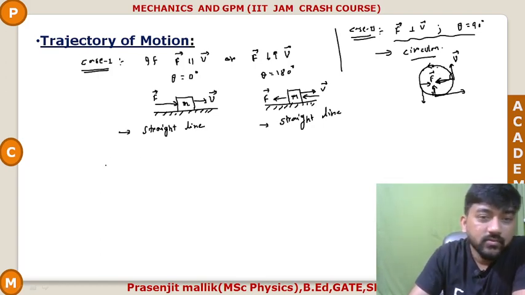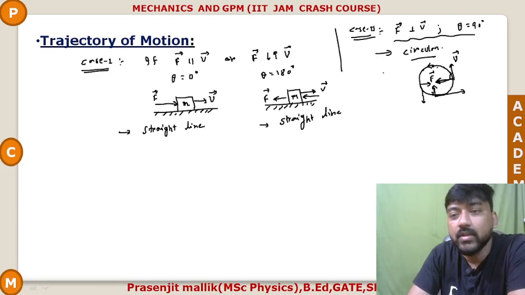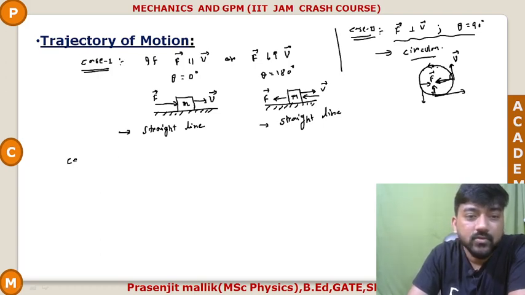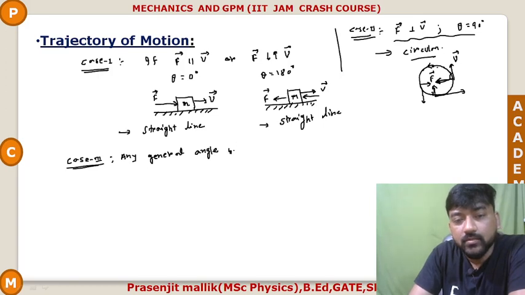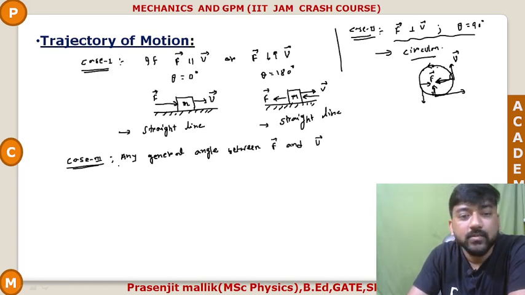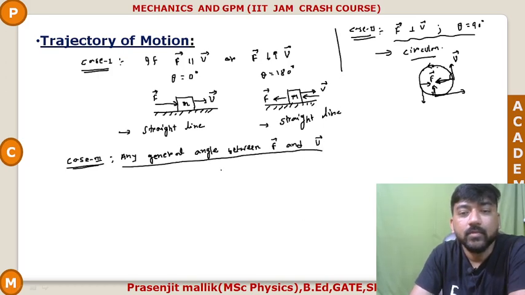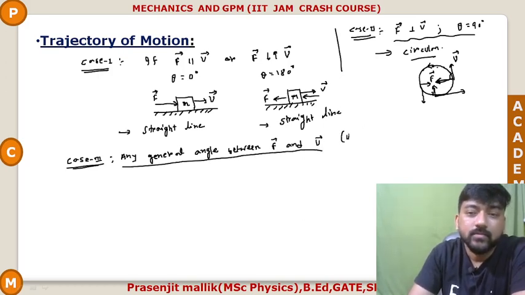And the last case that you need to know about is if there is any angle between F and v. So we'll talk about case 3: any general angle theta between F and v. Now again let me draw the same diagram.